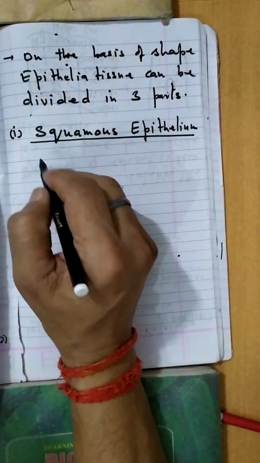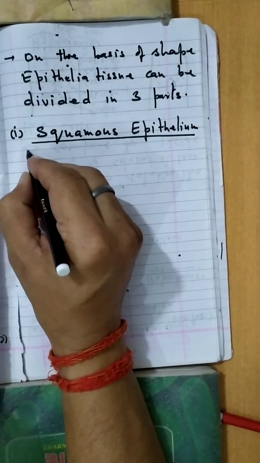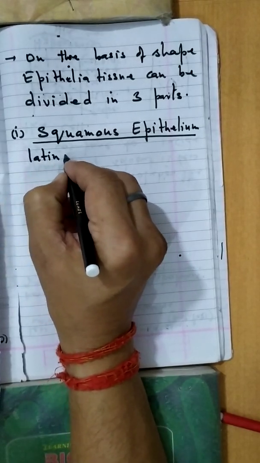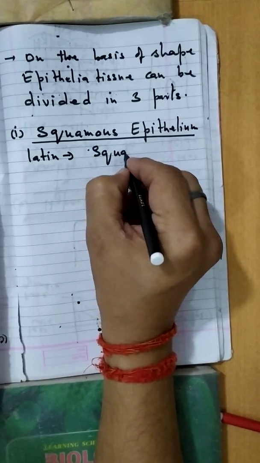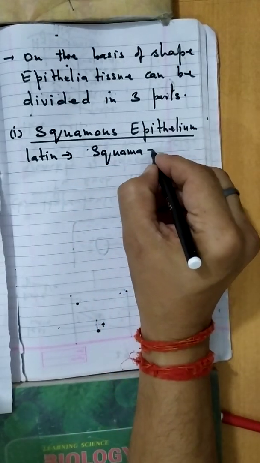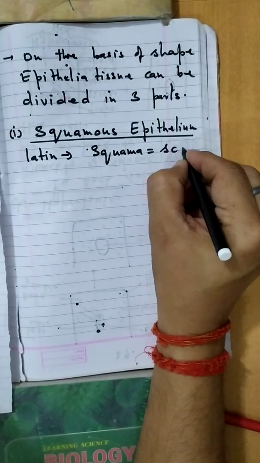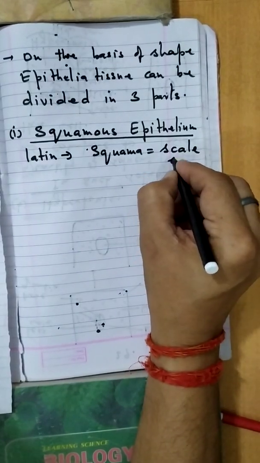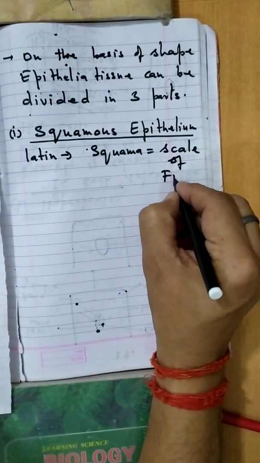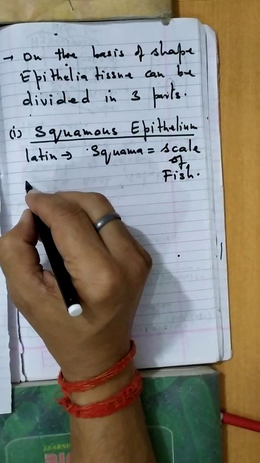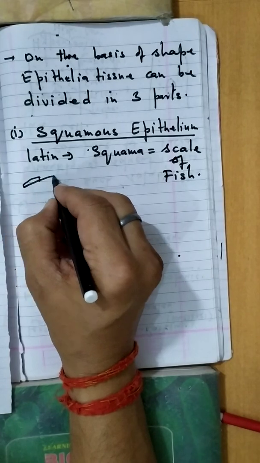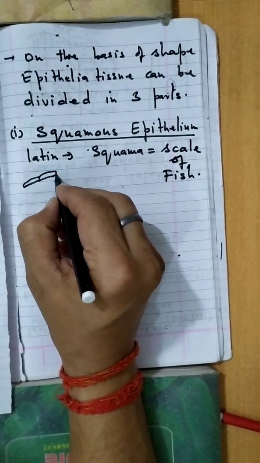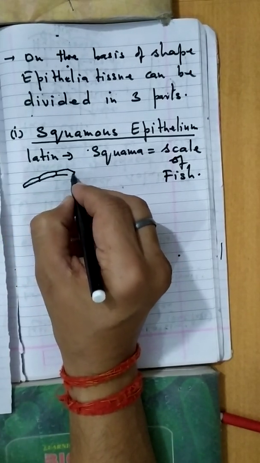Squamous. Squama means, in Latin, scale of fish. You have seen the scales of fish. The outermost thin covering looks like that.